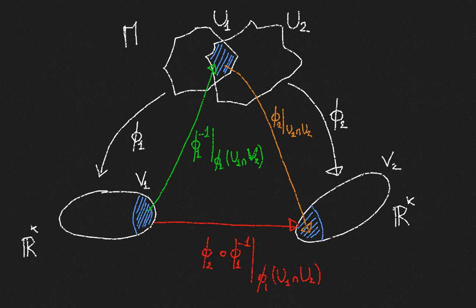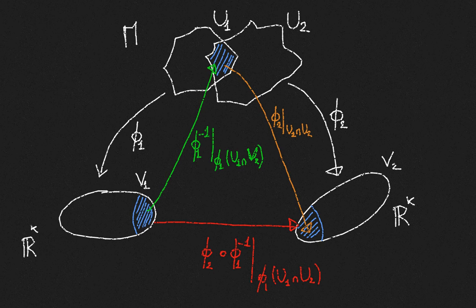Is this clear? If there are any questions at this point, ask me. So these are two charts. So these are two sets in M with some bijections on open sets of Rk. So I identify them with two open sets in Rk. The whole point is that they are compatible if when they overlap, I can change from one coordinate chart to the other coordinate chart with a diffeomorphism.